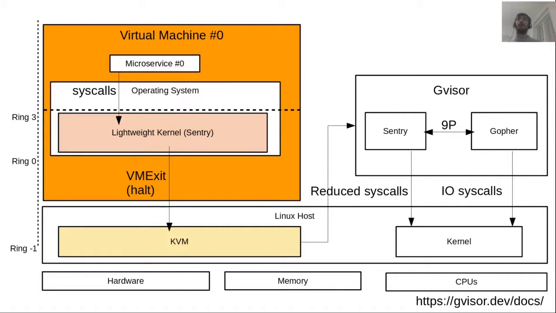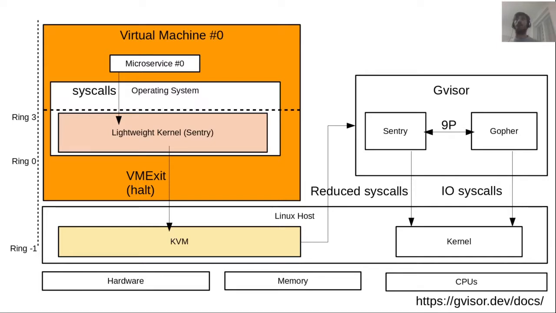This is the case of gVisor, which is a project from Google. In gVisor, the serverless application is running in the context of a VM in ring 3 and communicates with the guest OS by using syscalls. These syscalls are trapped and then forwarded to the host process named Sentry. This component does part of the syscall and delegates file system syscalls to a service named Gofer.